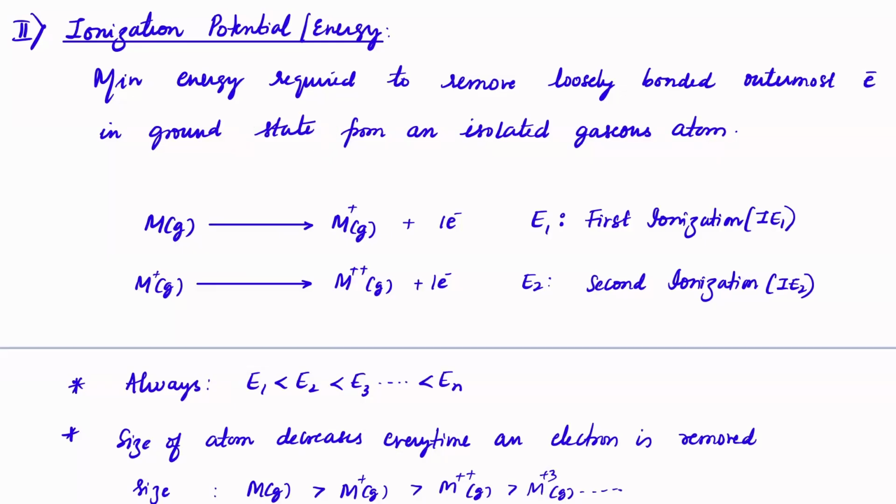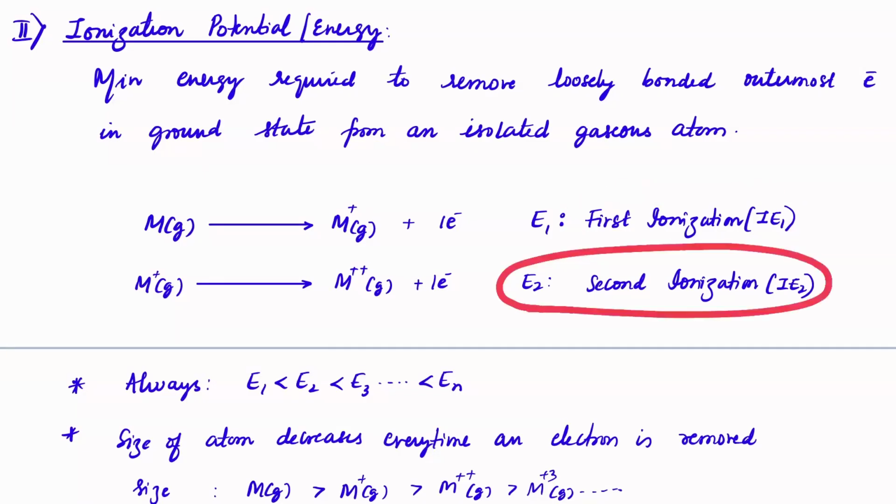What I meant is, you need a gaseous state atom, remove the loosely bonded outermost electron from it, convert it into a positive ion, and the energy required to do that is called the ionization energy. If you are removing the first electron, you call it the first ionization energy. If you remove the second electron, you call it the second ionization energy, and so on.